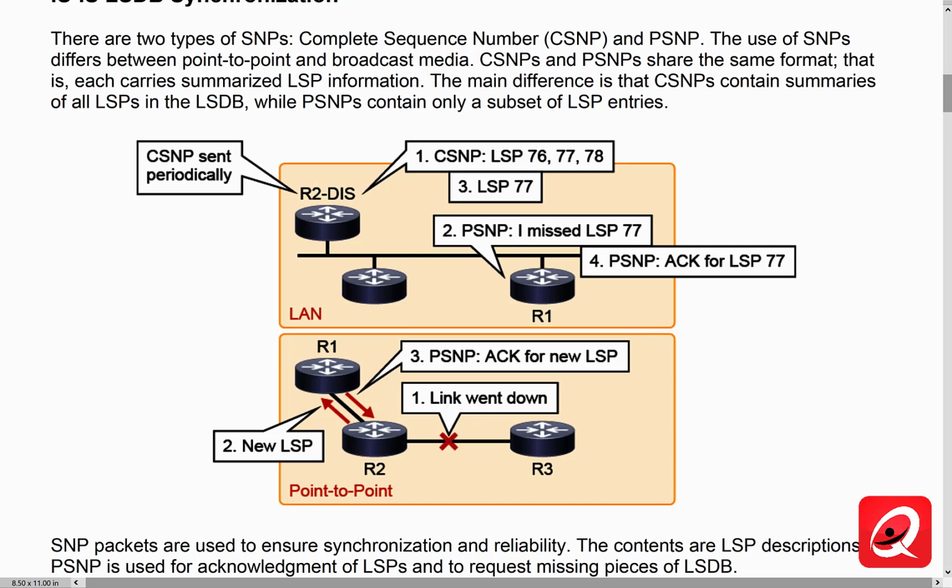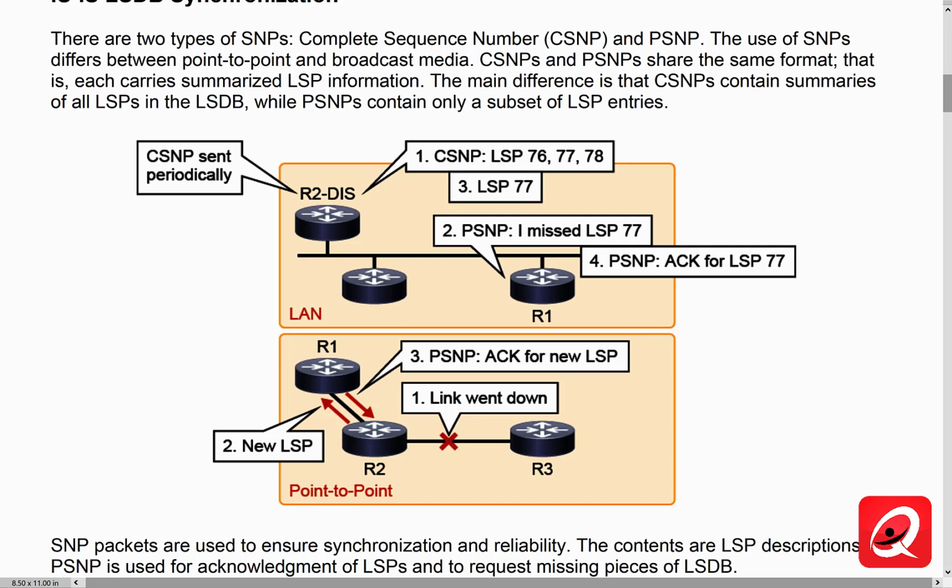In other words, do I have the same database that all the other routers supposedly have in this multi-access network? These CSNPs are periodically multicasted out every 10 seconds by the DIS on the LAN. This is going to ensure our link state database accuracy.